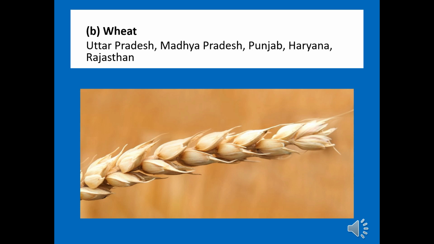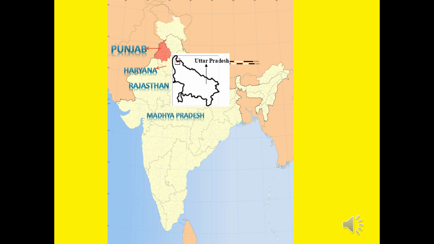So in nature, wheat requires low temperature and less water. The states Punjab, Haryana, Uttar Pradesh, Rajasthan and Madhya Pradesh can be located on the map as follows.